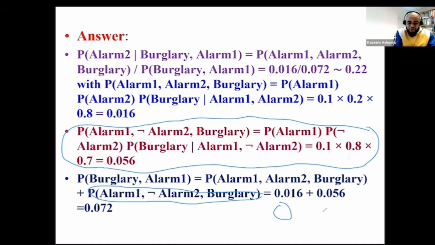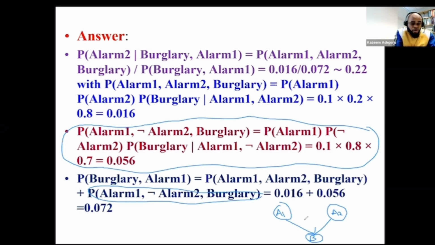In the second network, alarm 1 and alarm 2 start separately, and they both go to burglary. So the same way I want to find the probability of alarm 1, complement of alarm 2, and the burglary, I'm going to put the network into consideration.